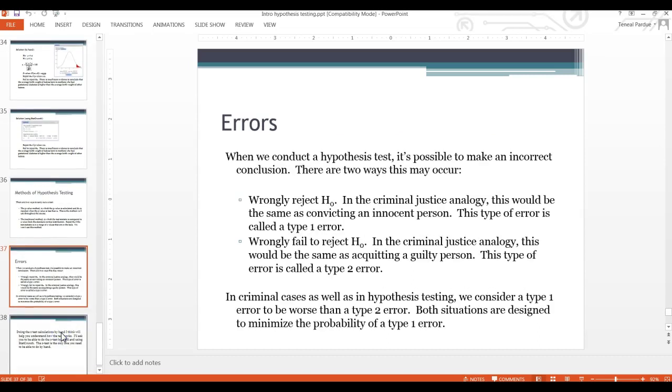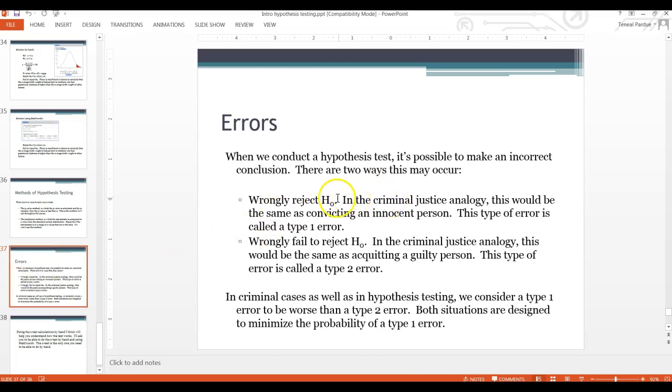I need to talk briefly about one other thing, and that's errors in hypothesis testing. There are two types of errors we could make. We could reject H0, and that would be a mistake, or we could fail to reject H0, and that would be a mistake.